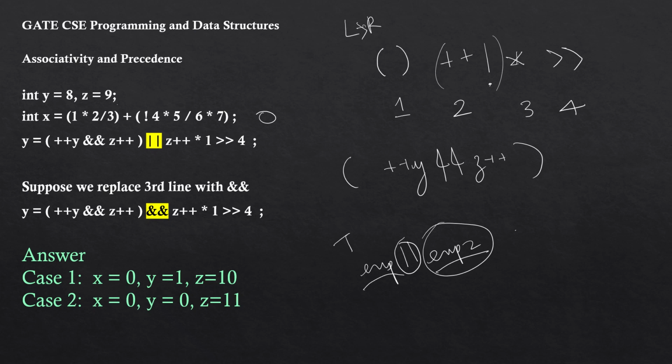Okay, how did you evaluate this? First comes the bracket, second comes the plus plus, and third comes the and. So let's go inside the bracket, plus plus y. y is 8, plus plus y, which evaluates to 9 and 9.